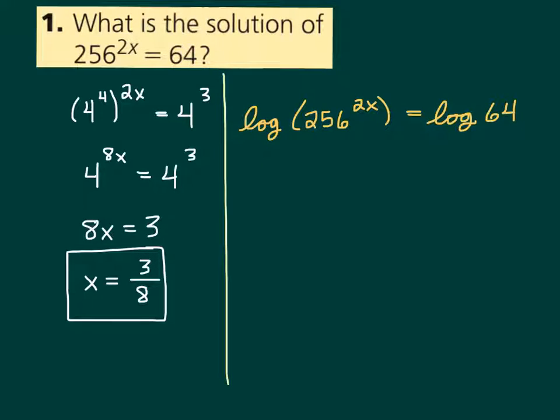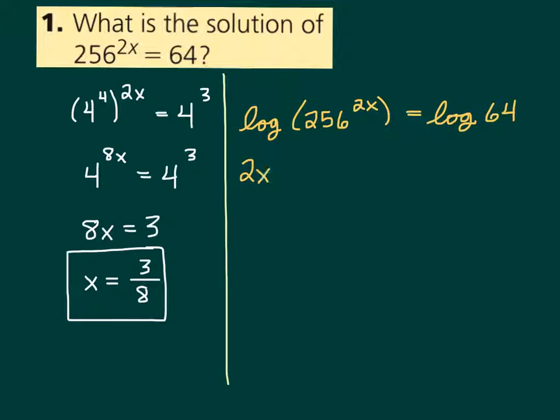I could use whatever base I want. I'm going to choose base 10 simply because the log button on the calculator is base 10, so that makes it easiest. Why the logarithm is helpful is using the power property that we talked about in the last section. This exponent inside the logarithm can be moved out front.